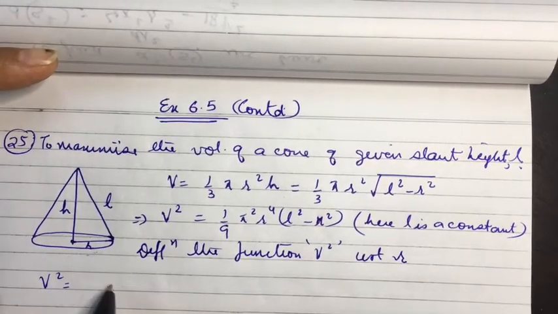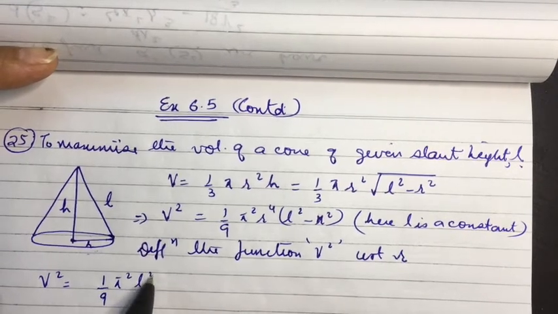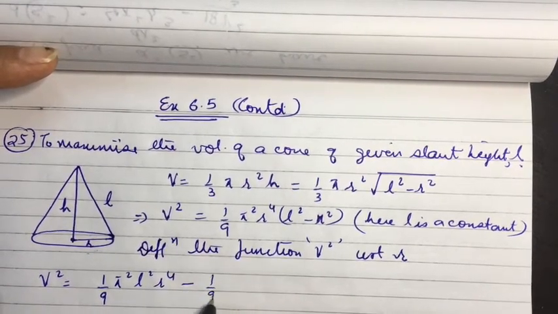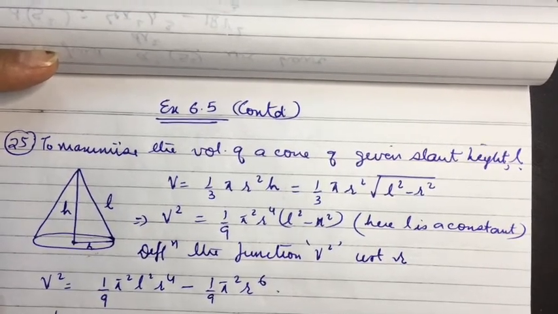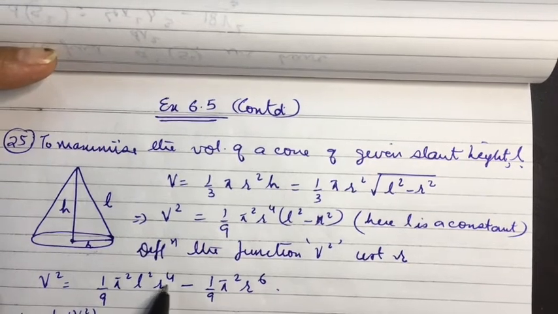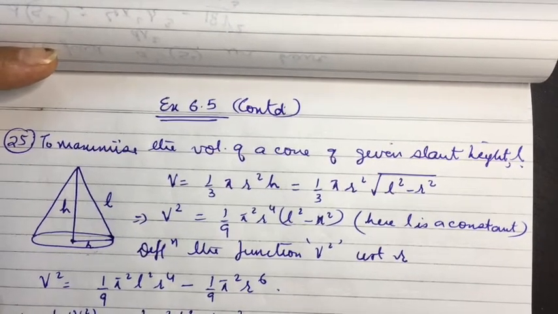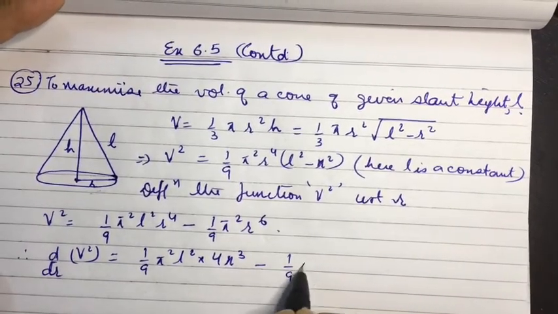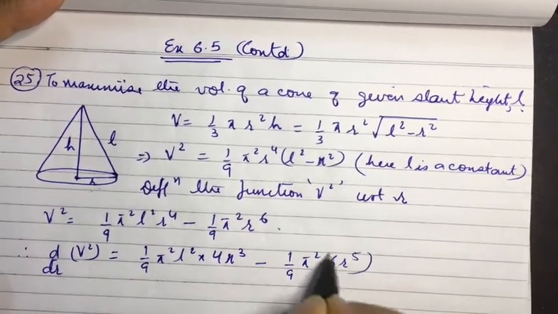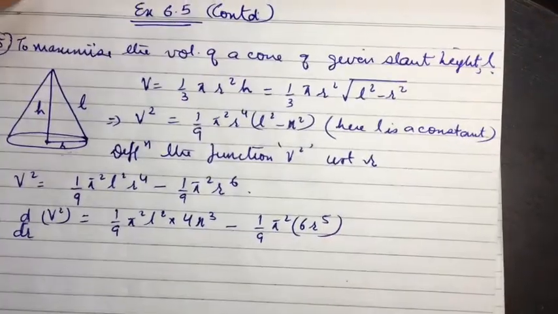So first of all, V square can be written as 1 upon 9 pi square L square r to the power 4 minus 1 upon 9 pi square r raised to power 6. Therefore d by dr of V square is equal to, now this whole portion is a constant, we get 1 upon 9 pi square L square into 4r cube, minus this portion is a constant, we get pi square into 6r raised to power 5. Now let us take whatever common we are able to take.